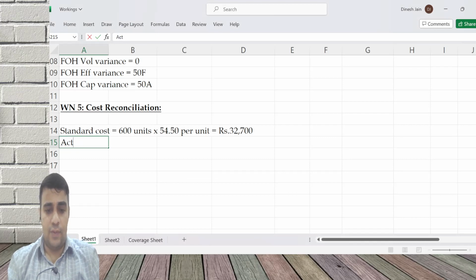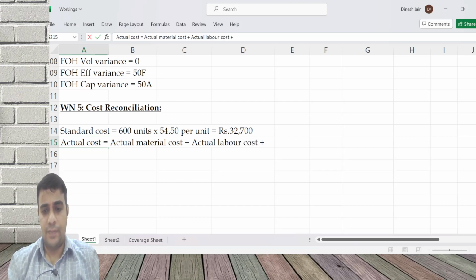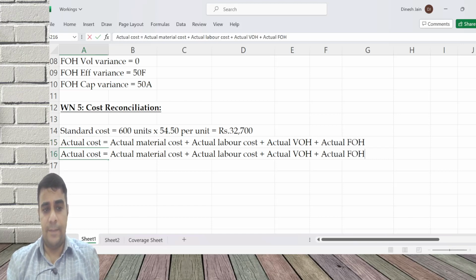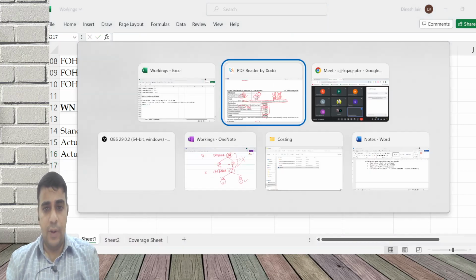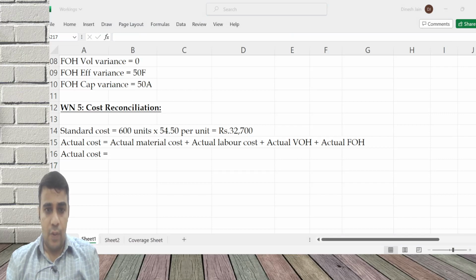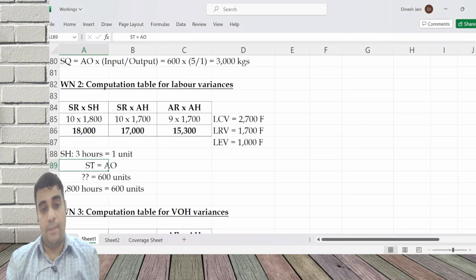Actual cost equal to actual material cost, actual labor cost, actual variable overhead, actual fixed overhead, and all these data points, the last column.